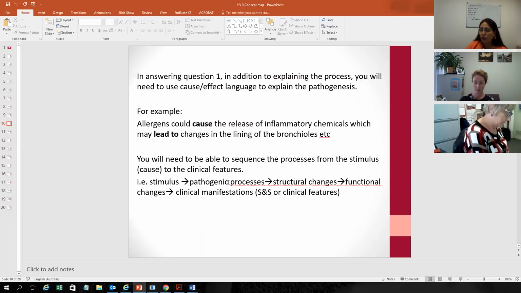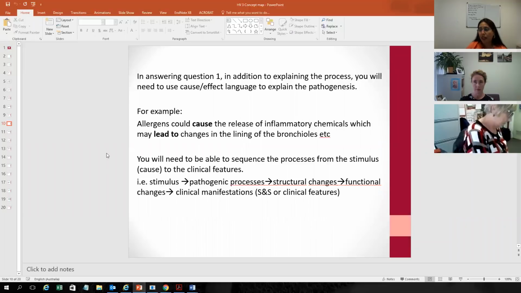In answering question 1, in addition to explaining the process, you will need to use cause-effect language to explain the pathogenesis. Now, Lauren will talk about that shortly, but what I'm trying to say here is when you're explaining the pathogenesis, you need to use cause-effect language.